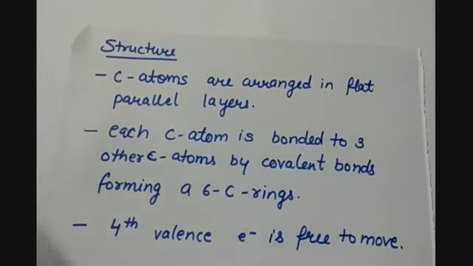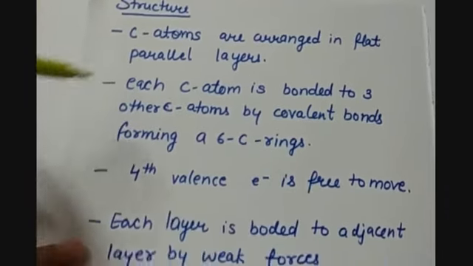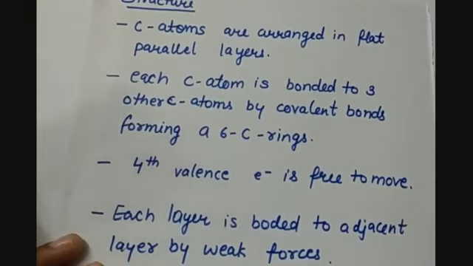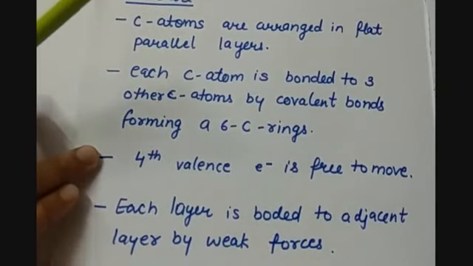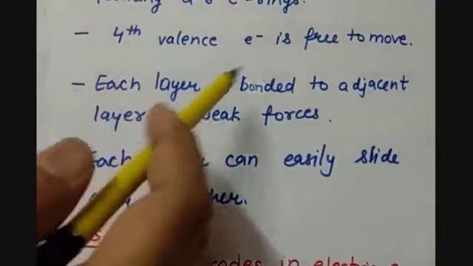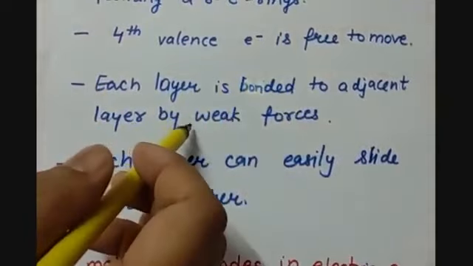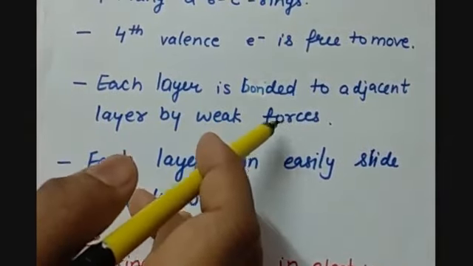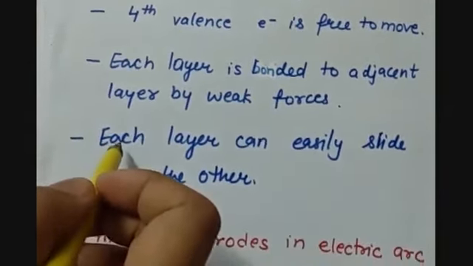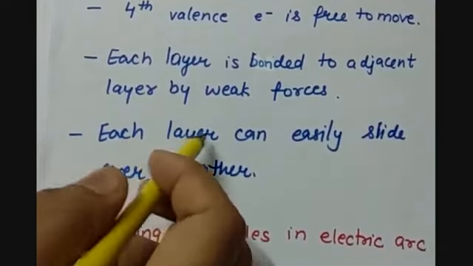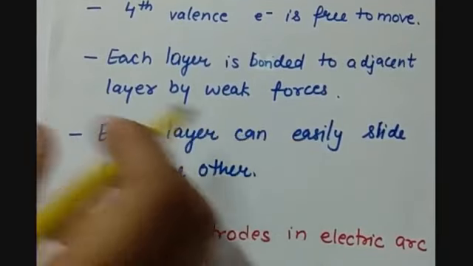That means the 4th valence electron of the carbon is free to move. Each layer is bonded to an adjacent layer by weak forces, and as there is a formation of layers, each layer can easily slide over the other.